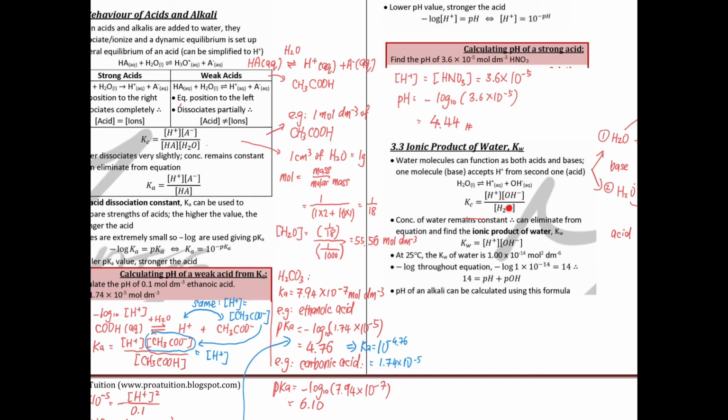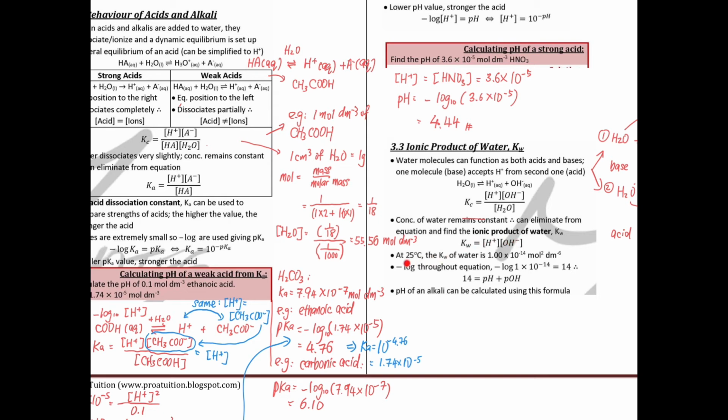The concentration of water remains constant, hence it can be eliminated from the equation, and we have a new formula called the ionic product of water, Kw, which only considers the concentration of H+ and the concentration of hydroxide ion.